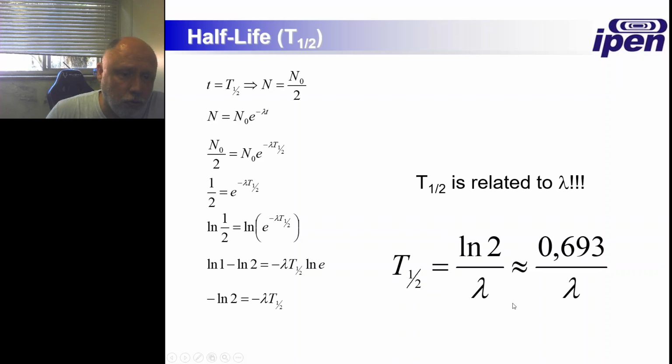The larger the decay constant, the smaller the half-life. The larger the decay constant, the greater the probability it will decay quickly, so the lower the half-life. And here is just an approximation: if you don't have a calculator, this is approximately what ln of 2 is equal to.